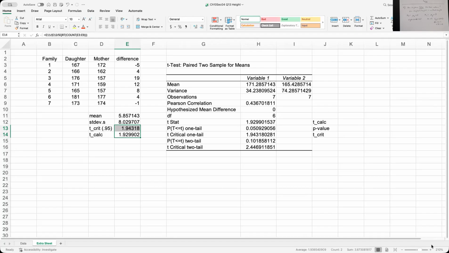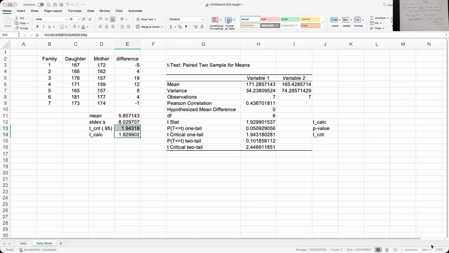I need to know if the chance that this happened by random is less than 0.05. That would be a p-value. I haven't done a p-value, but the other way I can check is if I'm in the rejection zone. How do I know whether or not I'm in the rejection zone? You can check the p-value. I haven't done the p-value yet, but how do I know just from the t-values?